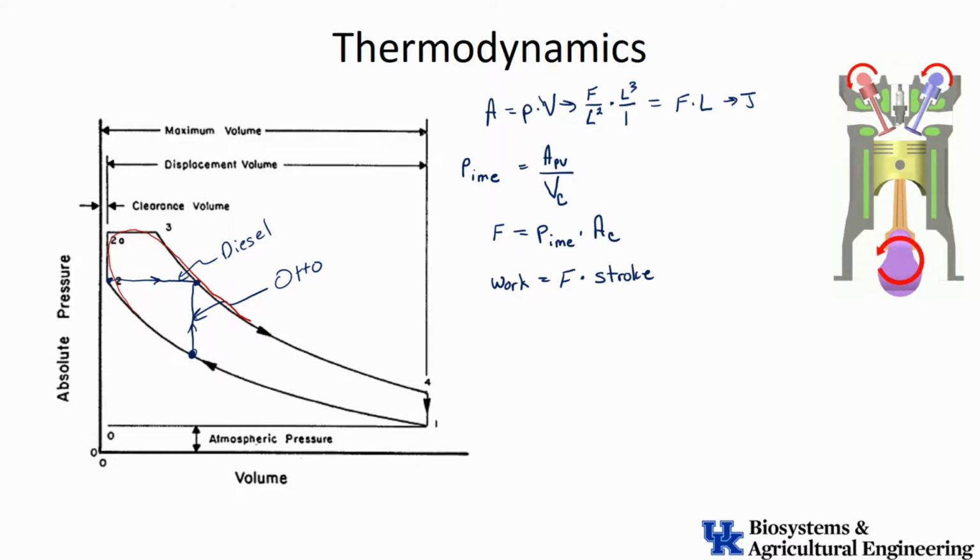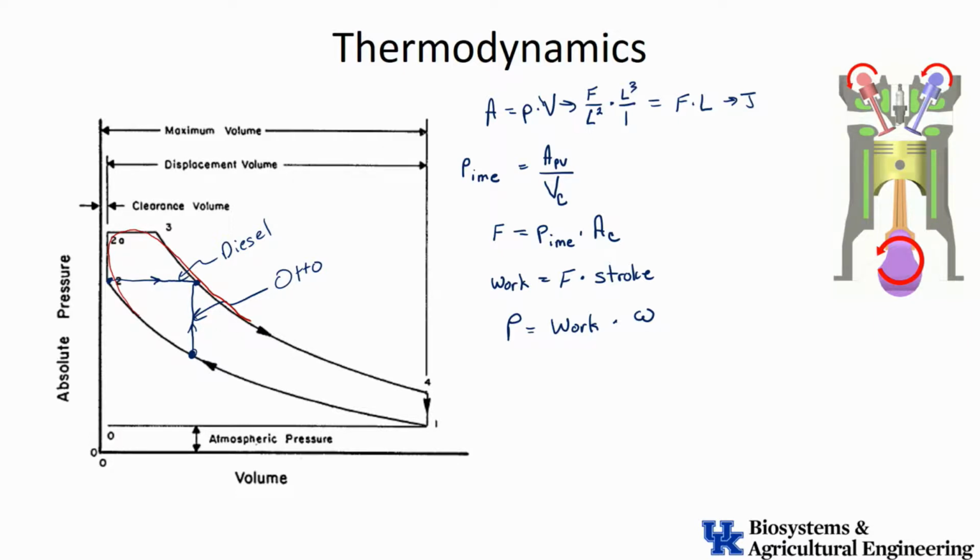If I want to get that into power to see how much power I get out of it, so capital P for power, the power then can be calculated by the work that I just calculated above there, but I got to put a time on it. So the work is how many of these strokes that I get in a unit of time. So I can do that times the angular speed of that engine.